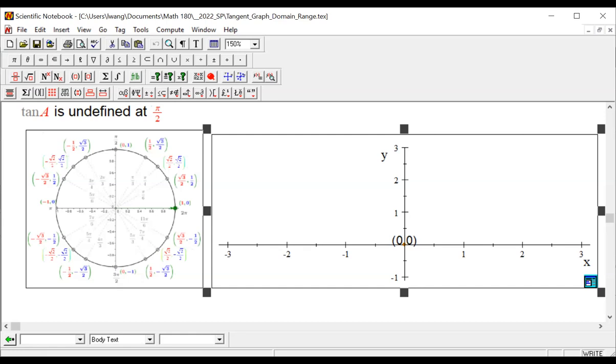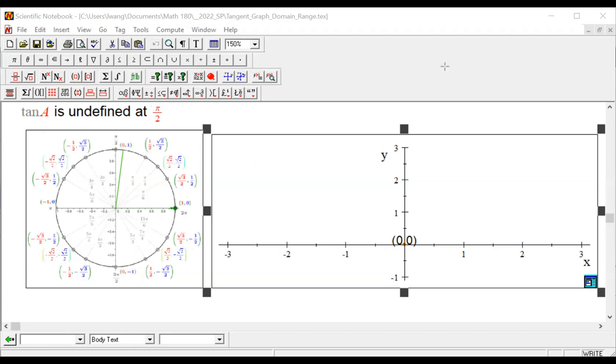Of course, we know the angle can never be pi over 2, but we can get very, very close to it. When we get closer and closer to it, what will happen? That's what we want to observe. So this is the question.